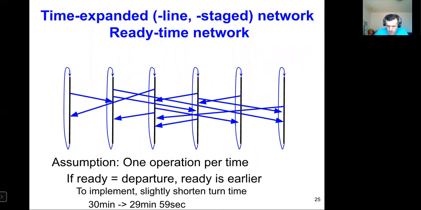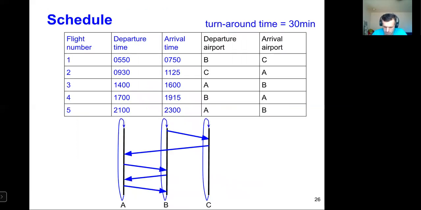So we do not have two departures scheduled at the same time, even in different airports, for our airline. If that's the case, you can slightly shift the departure time, for instance shorten the turnaround time, and this way break the ties and safely assume that any operation happens at a unique time. By operation, I mean departure or arrival or being ready. That's just a technical assumption which will help us.